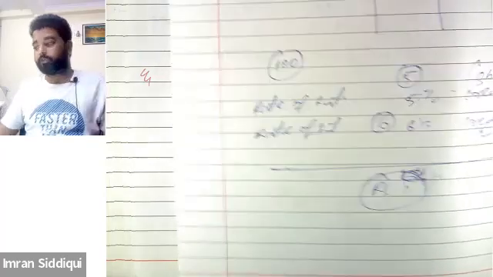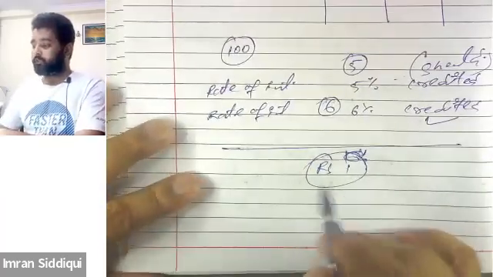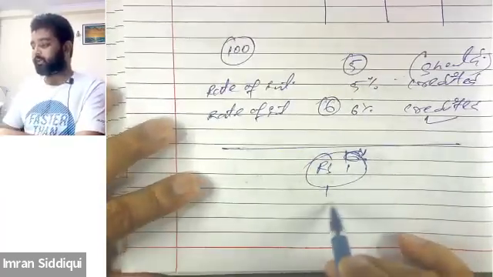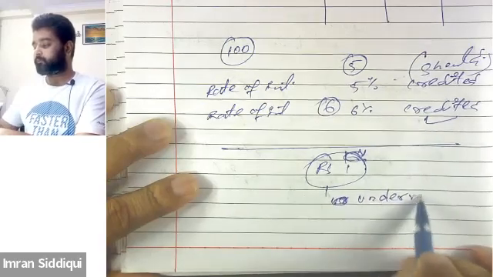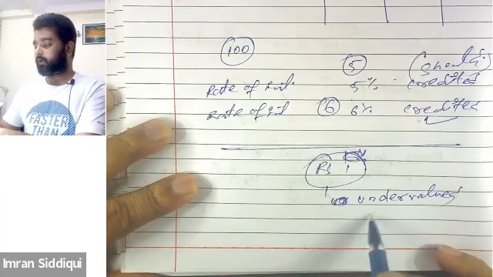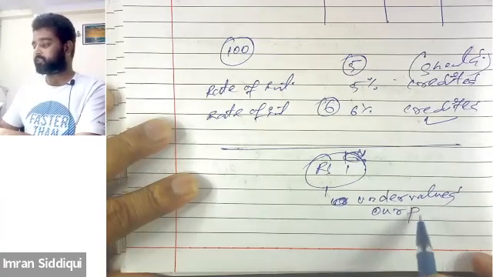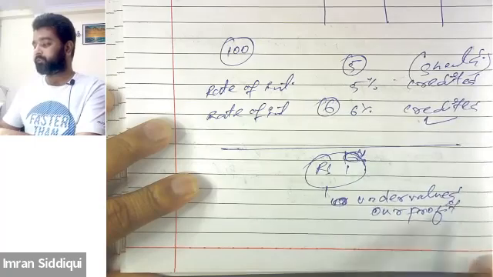Yes, sir. Okay. That also means that we must have undervalued our profit. Profit must have been undervalued by how much? 1%.